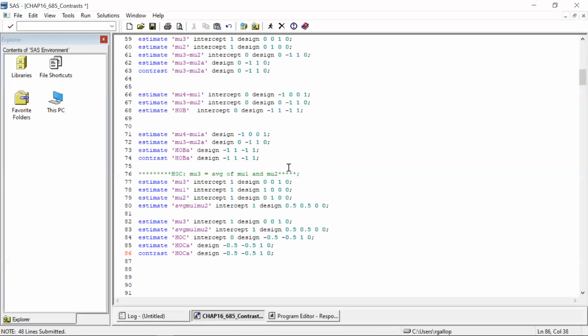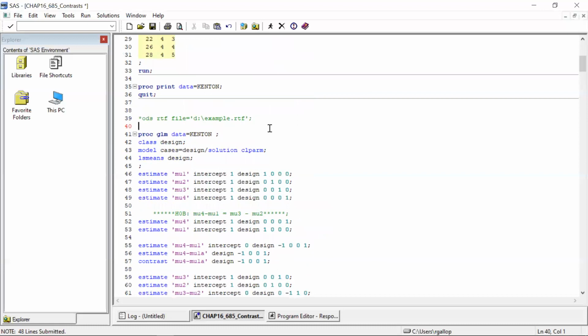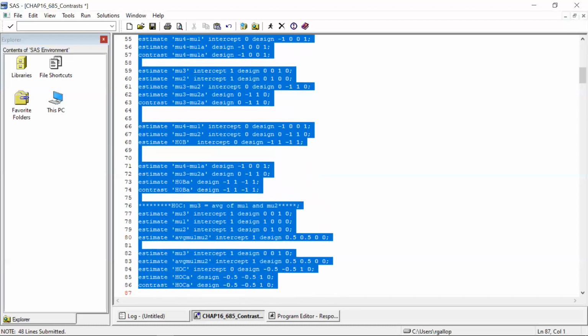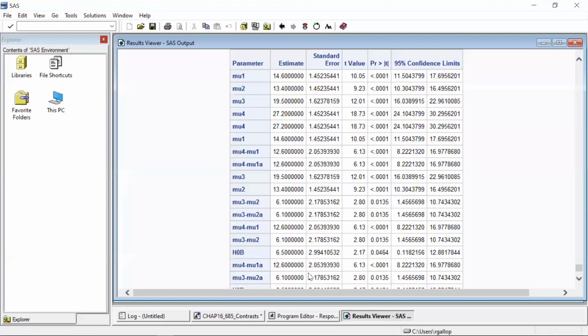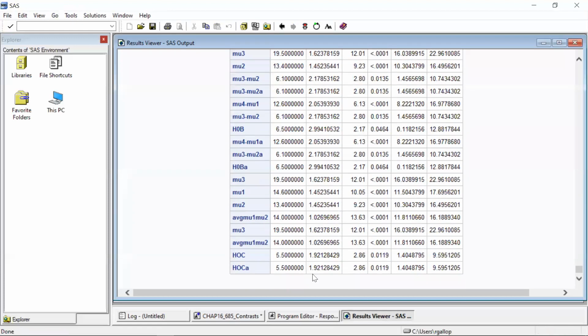So now let's go ahead and take a look at this third contrast. I know we did them out of order. So we go here. Okay, so we know mu3 is 19.5. The average of the first two is 14, which corresponds to a 5.5 difference.